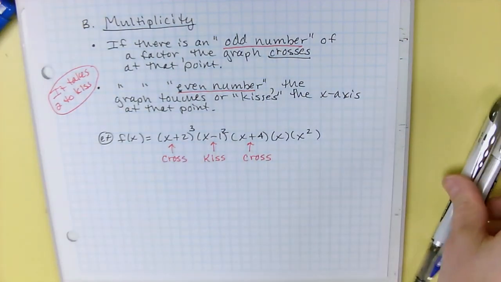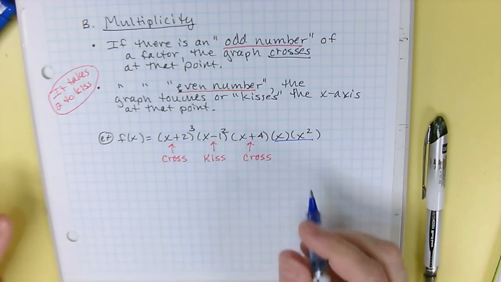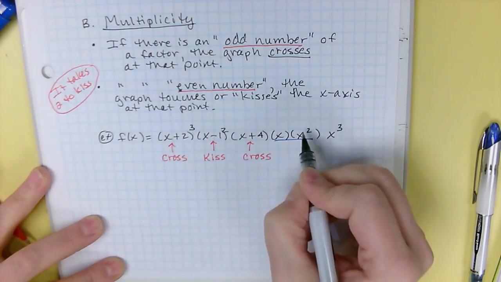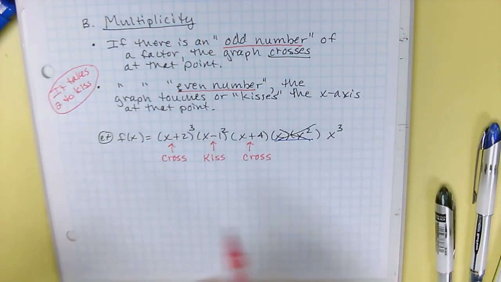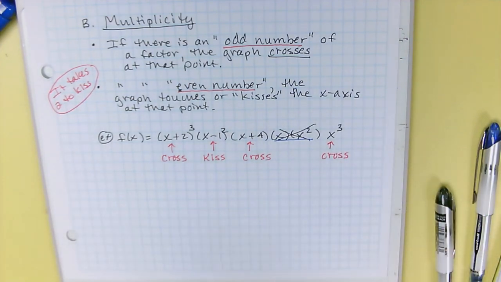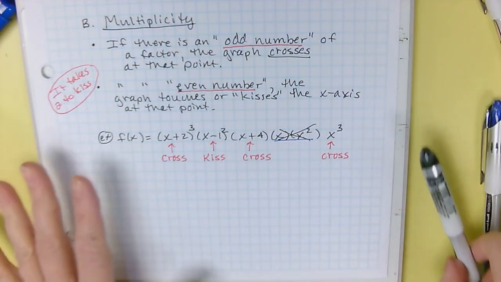Now, with single x's, you do have to simplify them together. So x times x times x is x cubed, which is odd, so it's going to cross. Now, the question is, where is it going to cross or kiss?